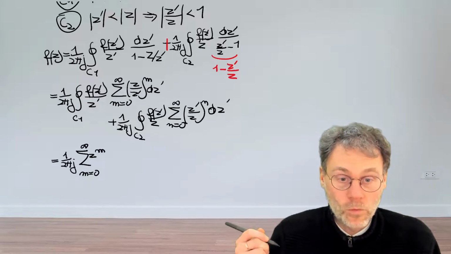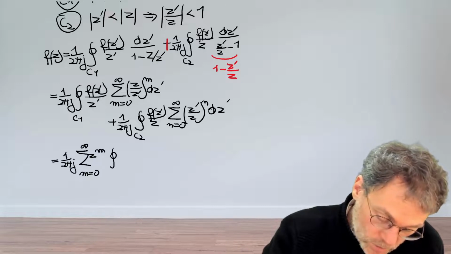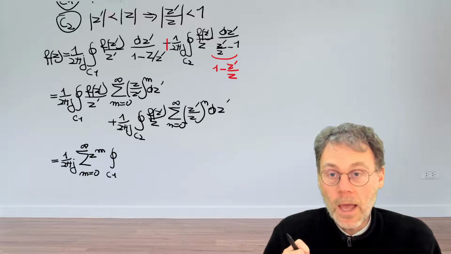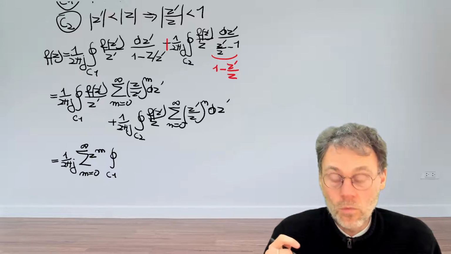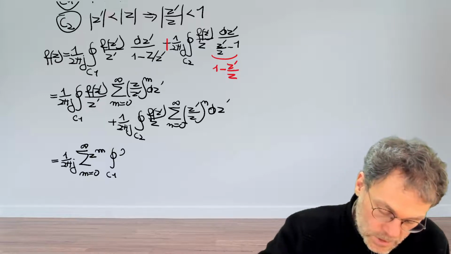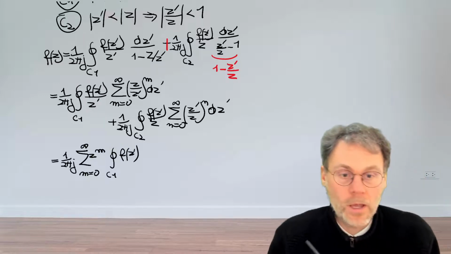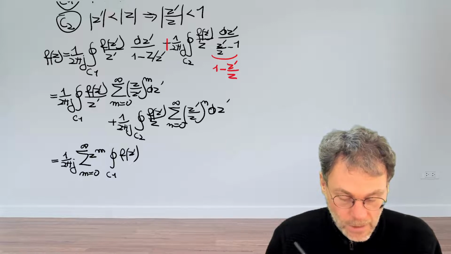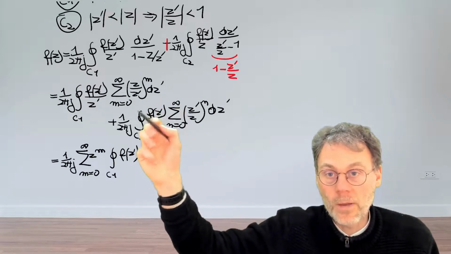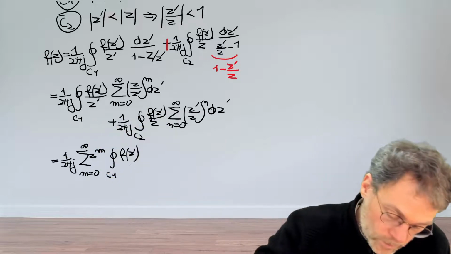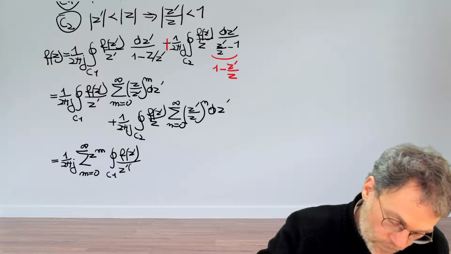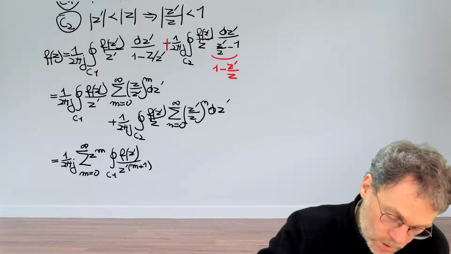And then what we're left with is basically the integral over the contour C1, okay? And so what's inside, basically, we have f of z prime. And then taking a look at z prime, we have z prime to the power of m here, and then we have another one over there. So we have basically z prime to the power of m plus 1 over here.